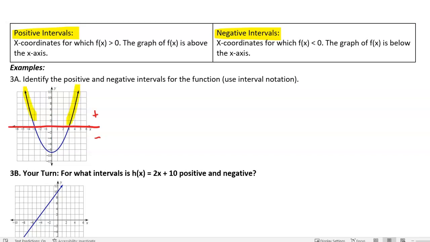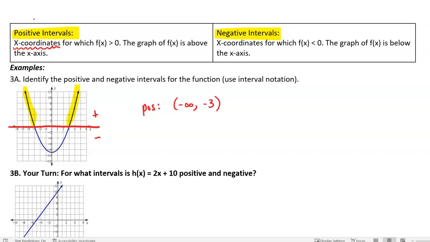So here's where the graph is positive. Again, we're going to describe that using the x-axis. That is really important. So it's the x coordinates where it's going to be positive. If I were to squish that first branch onto the x-axis, it would go from negative infinity to negative 3.